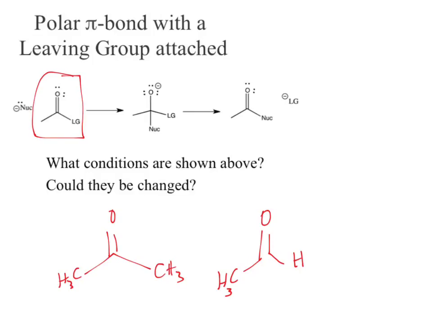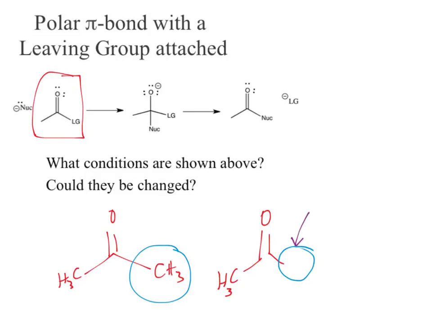Why not? CH3 and hydrogen cannot stabilize that electron density. So these will not go under nucleophilic addition followed by an elimination. What do those groups need to be? Yes, a good leaving group, fair enough.